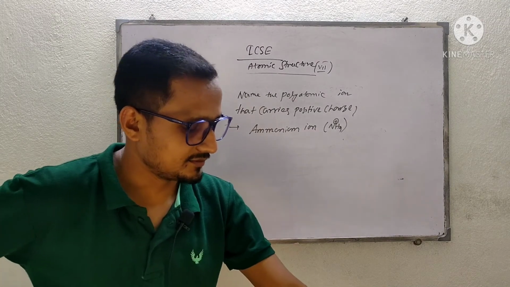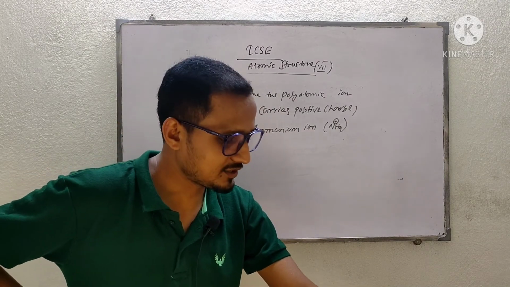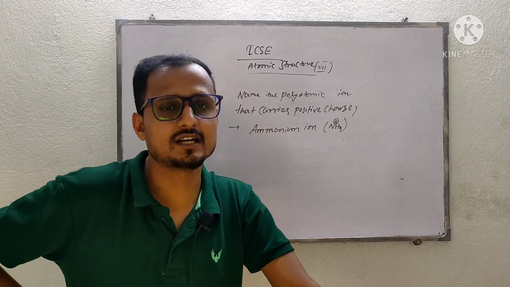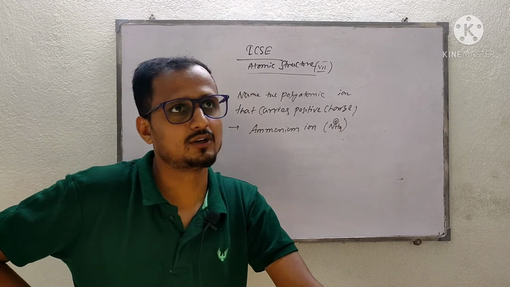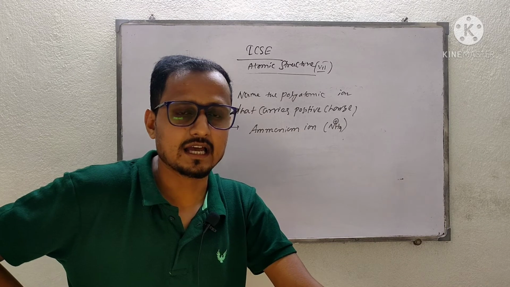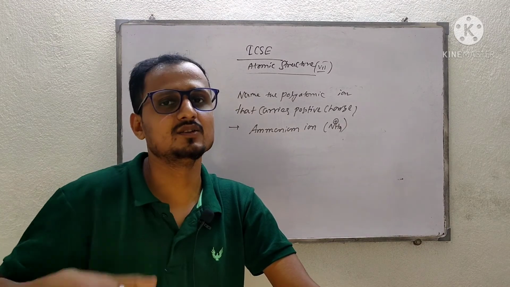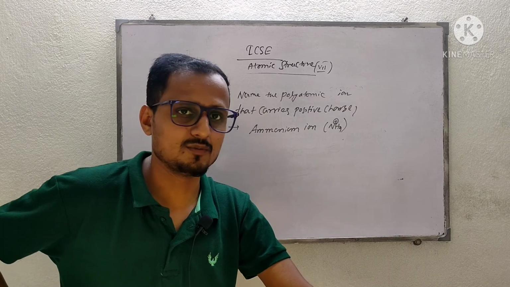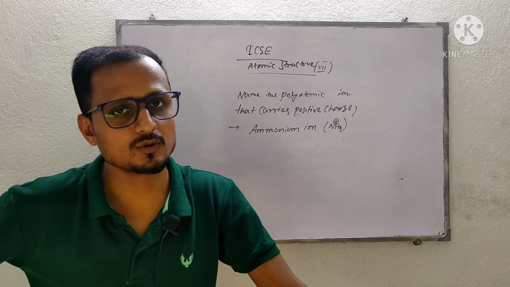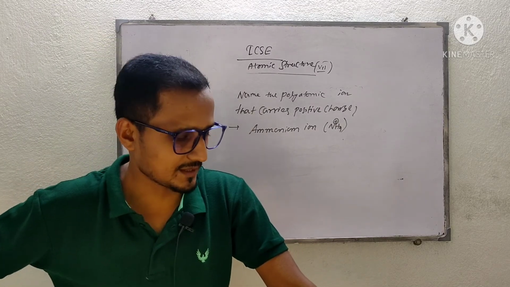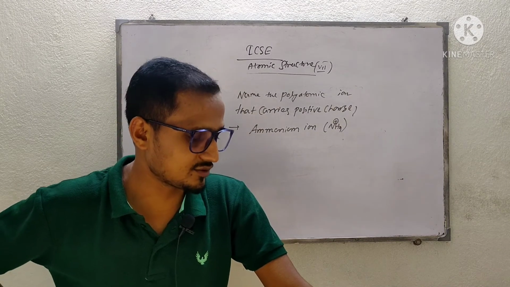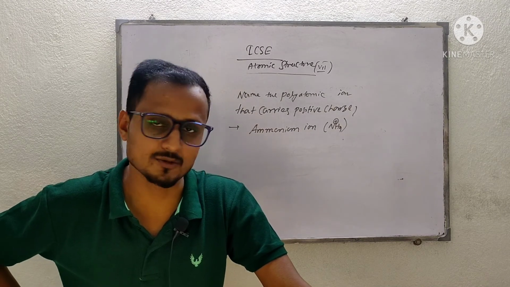See, one question is given like this: describe the composition of an atom. Atom consists of nucleus, and at the nucleus protons and neutrons are there, and surrounding the nucleus electrons are revolving. An atom consists of 3 subatomic particles, proton, neutron and electron. Next question, write any 3 characteristics of an atom.